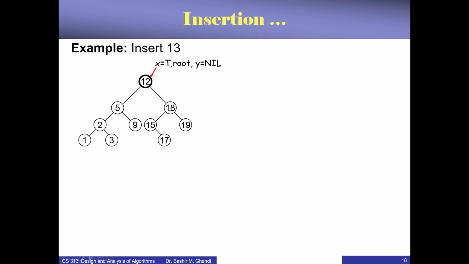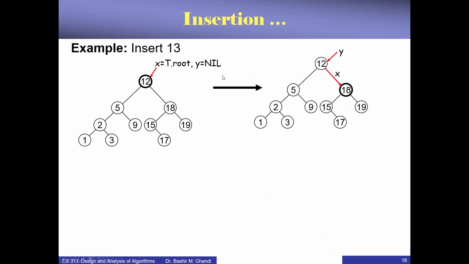When you go to the right, you update your x to be x.right, and at that point y will be the previous value of x. So y will be the root. So this is what we have after one step. X has moved down to point to the node containing 18, and y has the previous value of x, which is the root. So again, we repeat the comparison.